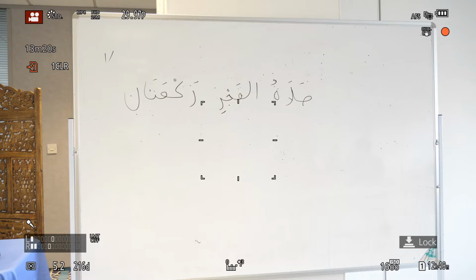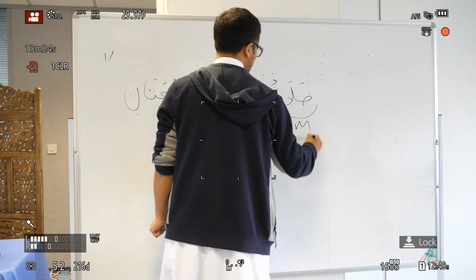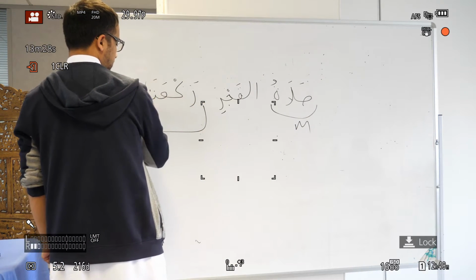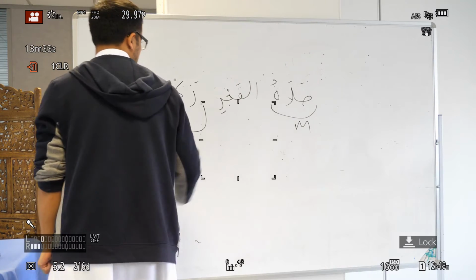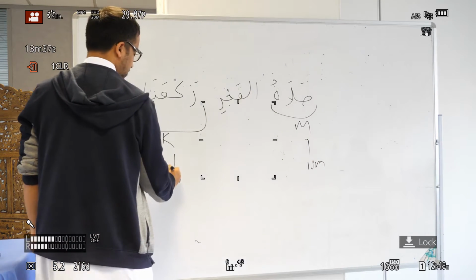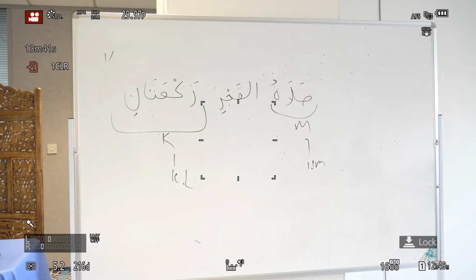So where's the mubtada, where's the khabar? Where's the first rafa? You got your mubtada. Where's the second rafa? There's your khabar. So that's going to become the ism laysa. This is going to become the khabar laysa. So what word are you going to use? Ṣalātul-fajri rak'atān.